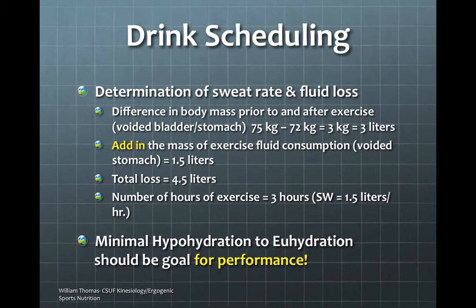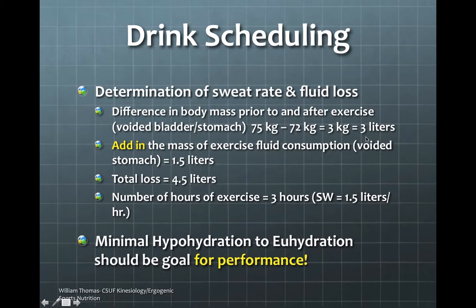All right, so I've put up a little bullet point here that will tell you how to calculate that. First of all, I'll give you an example. The difference in body mass prior to and after exercise for this person: 75 kilos before, 72 after, which means there's a 3 kilo difference.